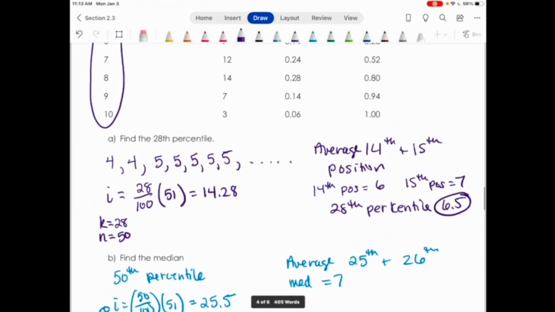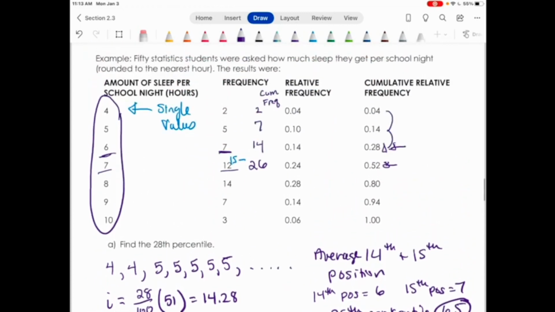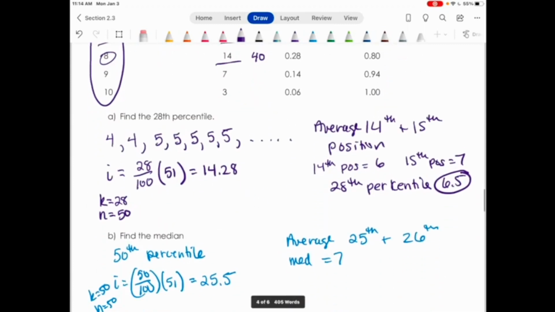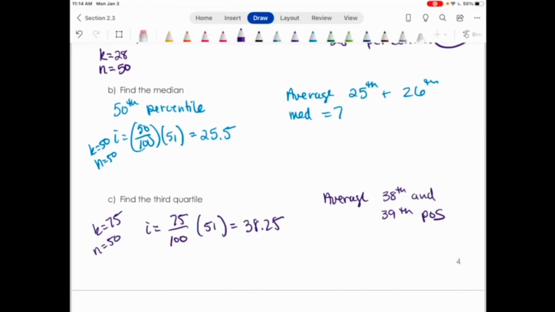If I finish counting my cumulative frequencies and add 26 and 14, that gives me 40. So I know that my 38th and 39th value lie on this interval, and they're both going to be 8s. So if I take the average of 8 and 8, I'm going to get 8.